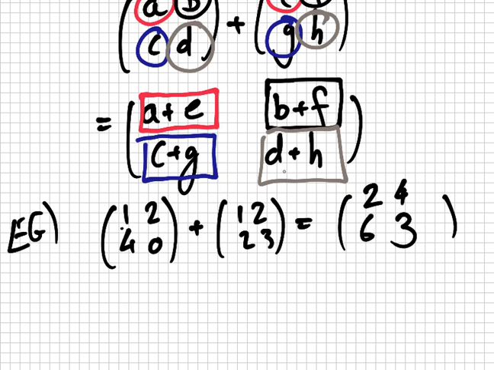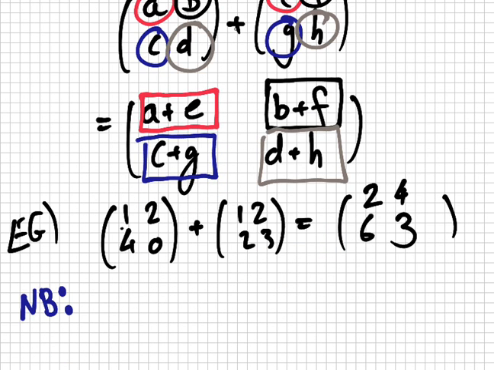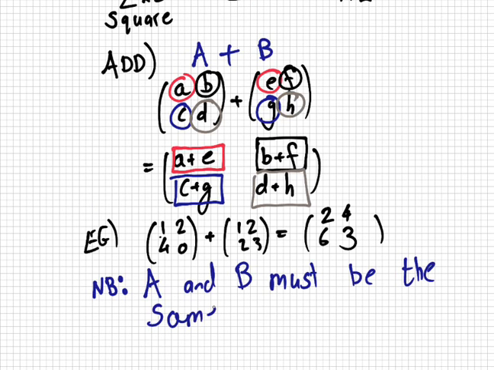Can you always add two matrices? No, you can't. They need to be the same size. So that's important. If I call this one A and this one B, and I want to add them together, A and B must be the same size.